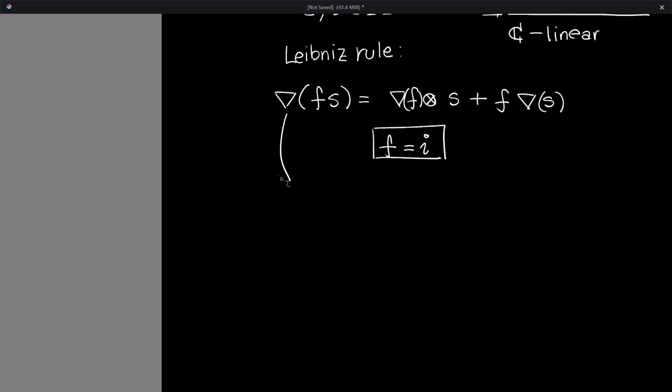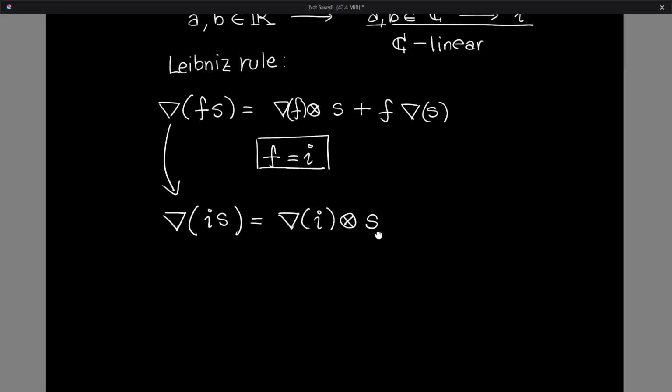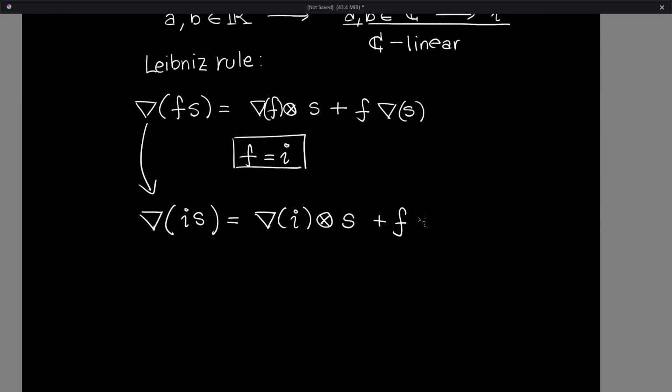Then this will turn into nabla of is is equal to nabla of i tensor product s plus i nabla of s.